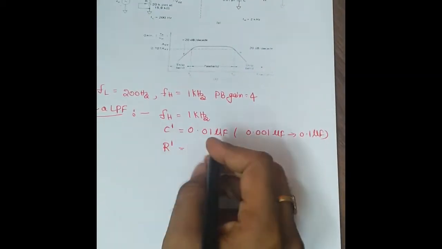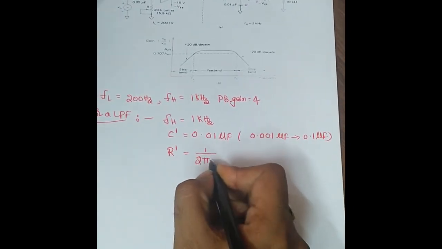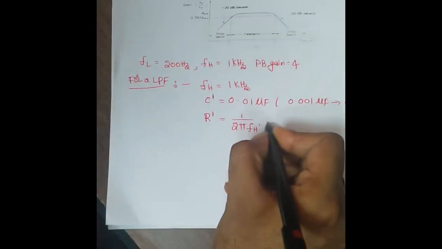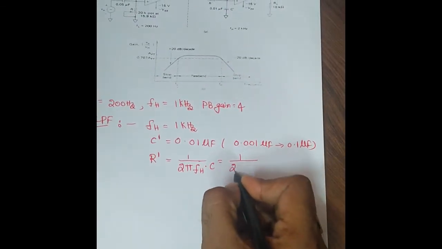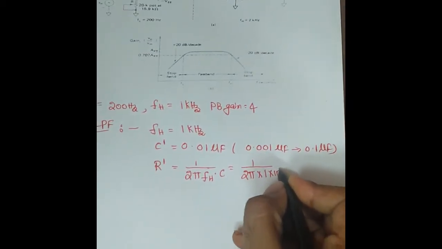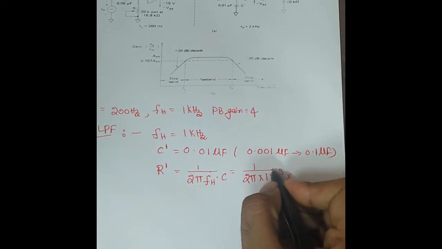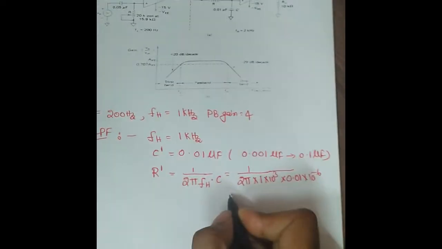So this R dash can be calculated by using the formula 1 by 2 pi into FH into C, which is equal to 1 by 2 pi, the value of FH is 1 kHz, 1 into 10 cube, into C, C value is 0.01 into 10 power minus 6.